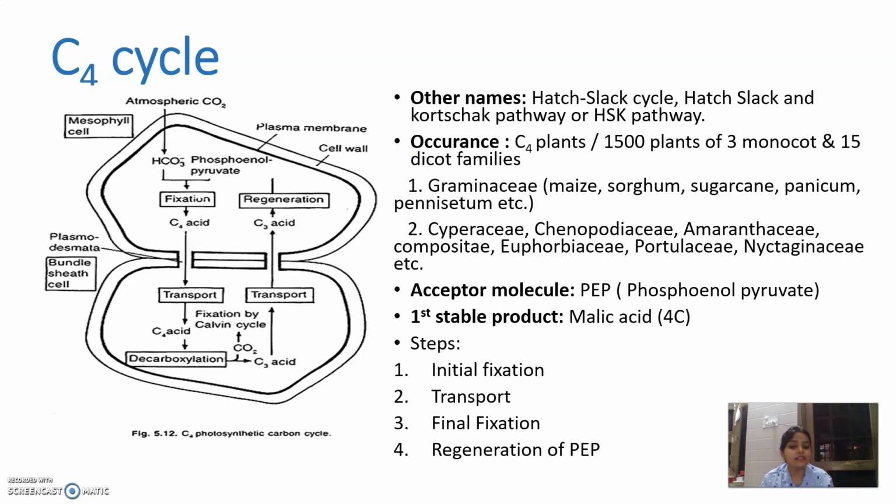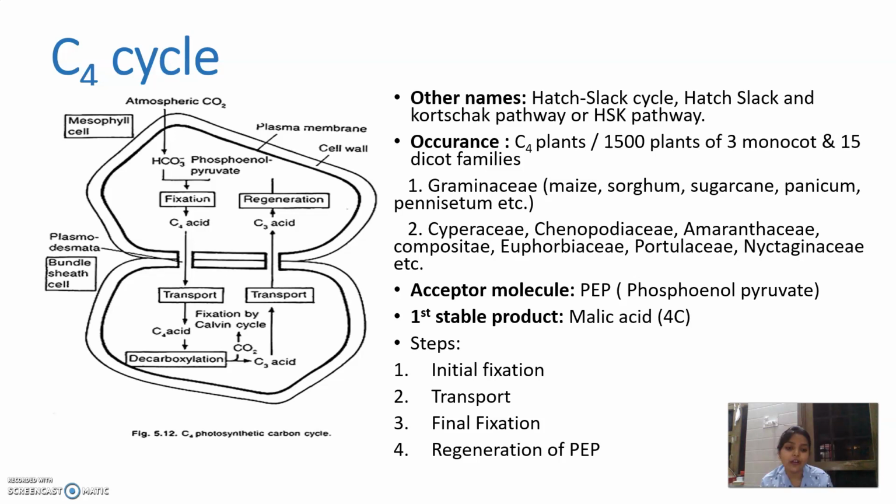Let's see how these steps occur and what the major steps of this C4 reaction are. The first step is the initial fixation, where the carbon dioxide is fixed into a C4 acid, the unstable oxaloacetic acid, which is converted into malic acid.